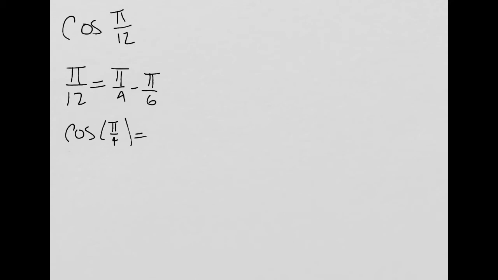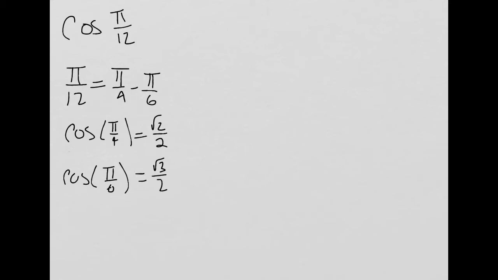And for precision, I notice that pi over 12 can be written as pi over 4 minus pi over 6. Now, cosine of pi over 4, I already know, is square root of 2 over 2. Cosine of pi over 6, I also know, is square root of 3 over 2.